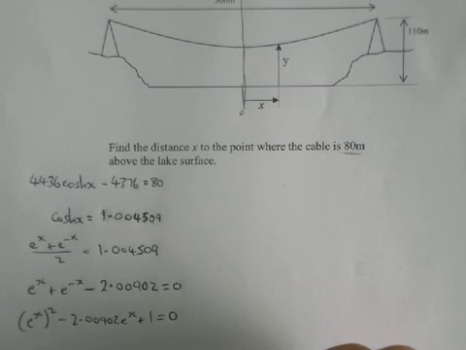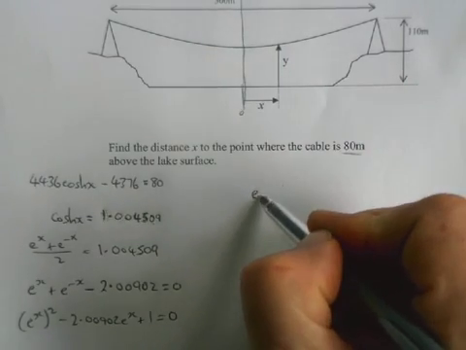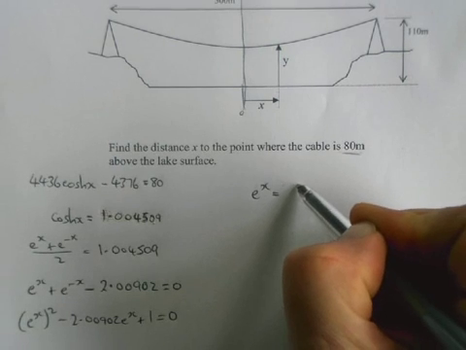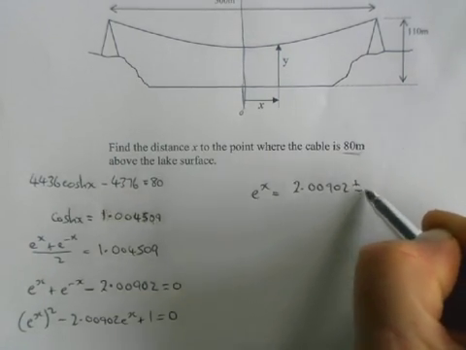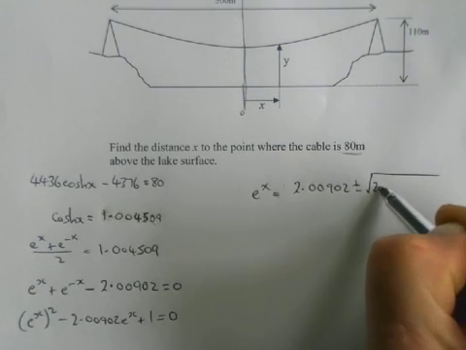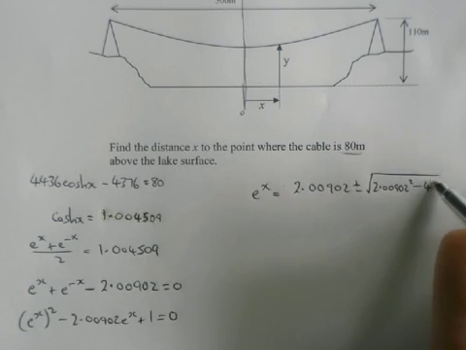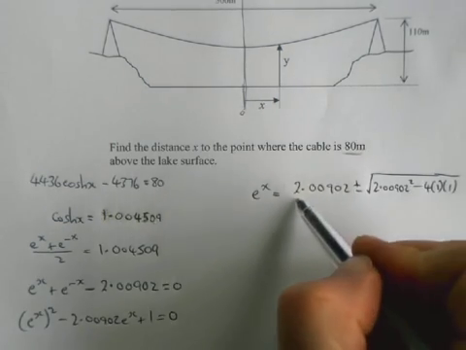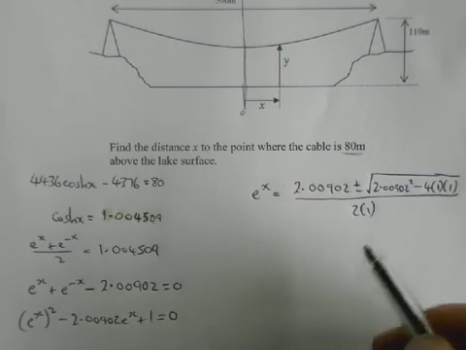And the way we're going to solve that is by using the quadratic formula. So that's here, in the other simple way to factorise that lot. So the quadratic formula tells me that e to the x is negative b, 2.00902, plus or minus the square root of b squared minus 4 lots of a times c, all of that divided by 2 lots of a.